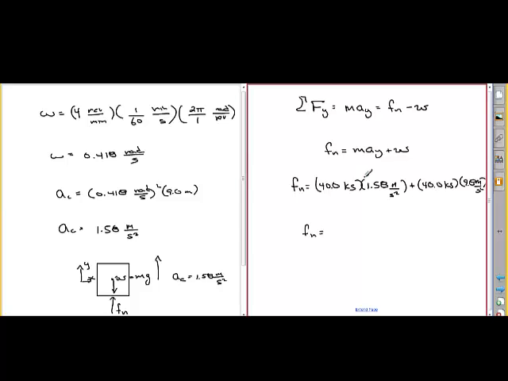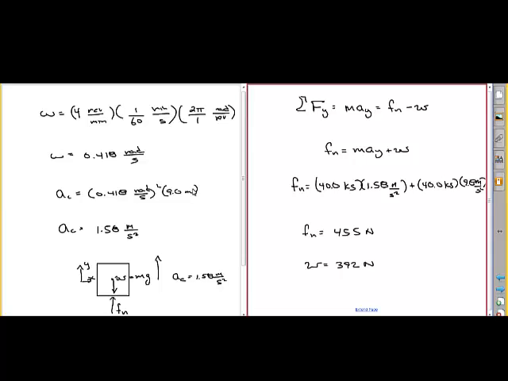So the question was, what is the force? And the force is 455 newtons. That's compared to the weight, which is 40 times 9.8, so 392 newtons is the weight, and then you get that extra bit from the centripetal acceleration.